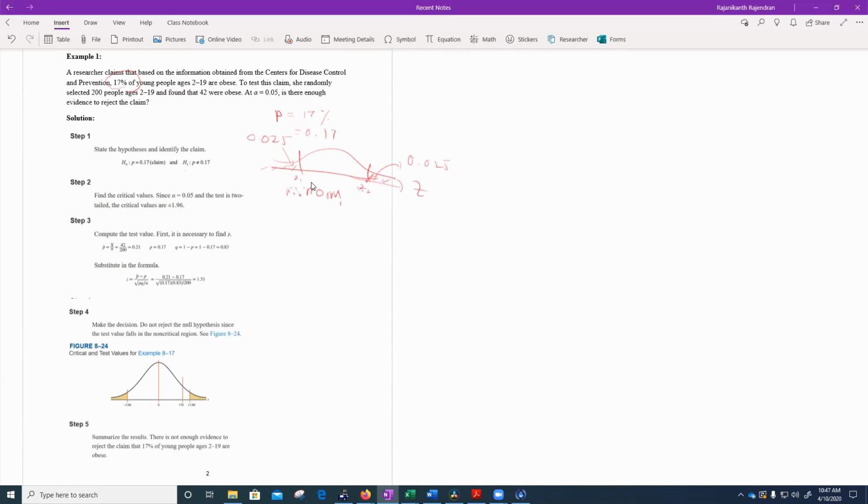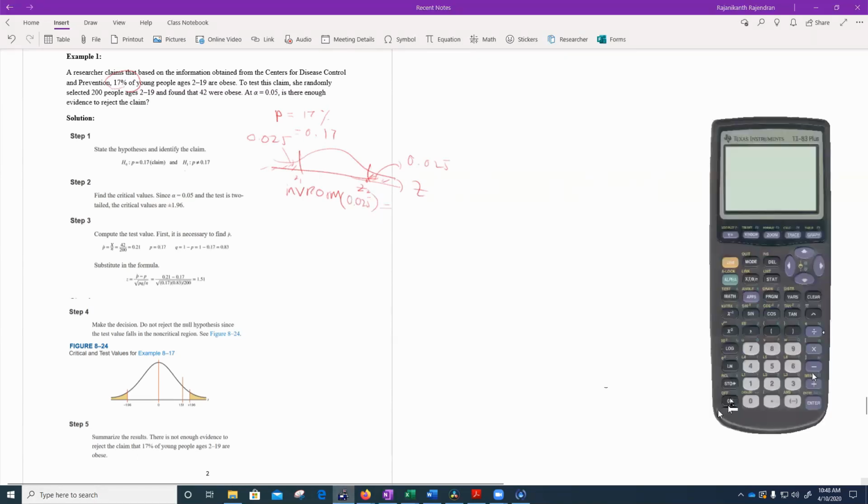You need to always plug in the left area. So the left area to this point, for z1, is 0.025. If you find this value, it will give you a negative answer because it is the left point. So in the calculator I need inverse norm, finding z values.